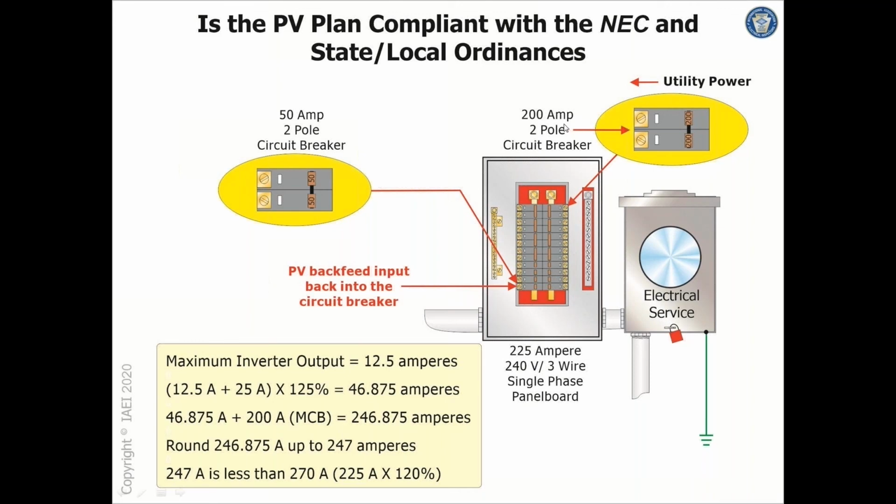It's protected by a 200 amp main breaker from utility. So doing the math, that bottom line, you can start with that. 225 times 120% means we're allowed 270 amps from all sources. You can refer to that previous chart. And we're only supplying about 47 amps from our PV system. We're allowed 70, so we're compliant because we're less than 70 for that PV system.